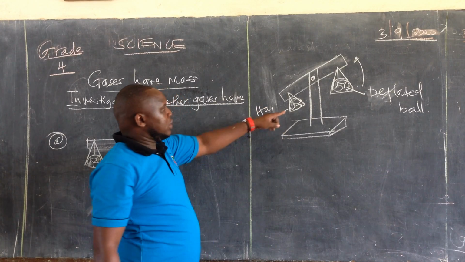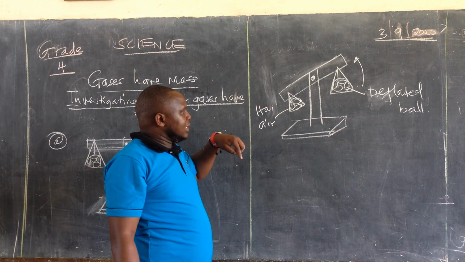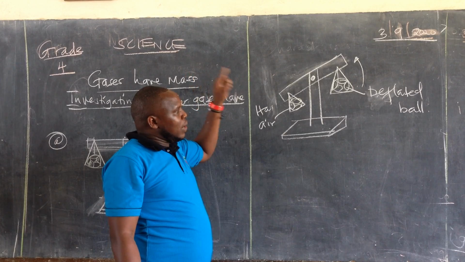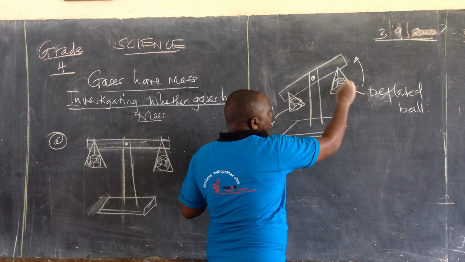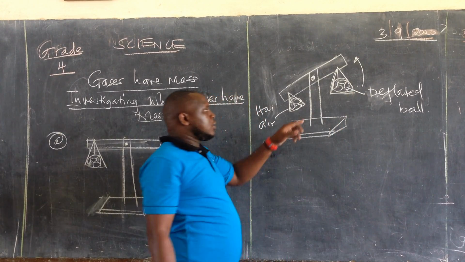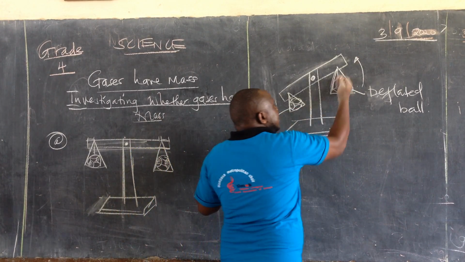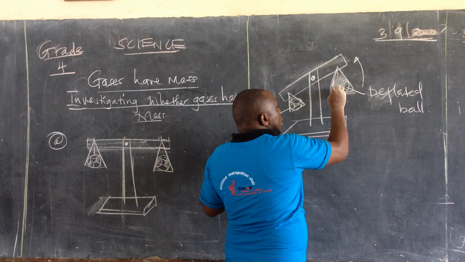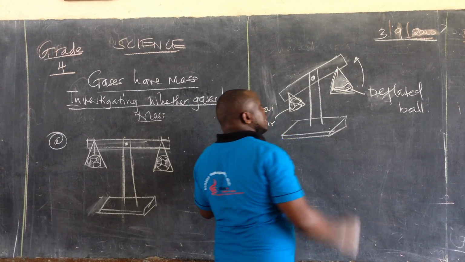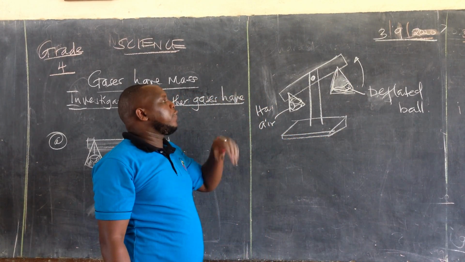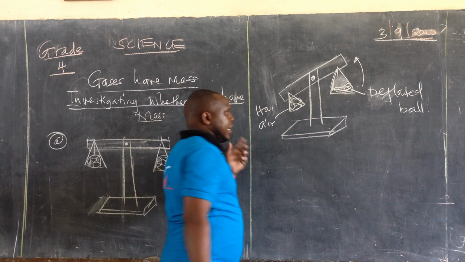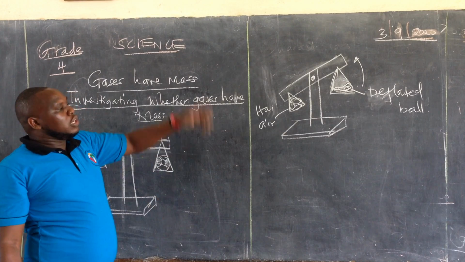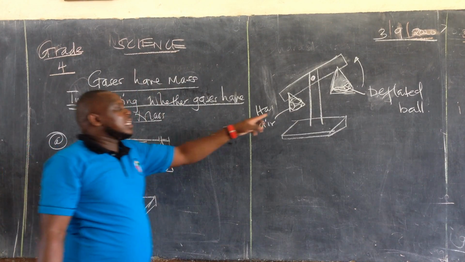So this ball, the one that has air inside, is going to pull up the one that doesn't have air because it has become light. Meaning that the mass of this particular ball, when it doesn't have air, it looks like that. Look at this, deflated. It doesn't have air anymore. So it's going to be lifted by the one that is heavy.